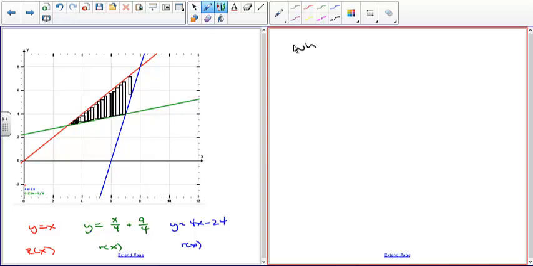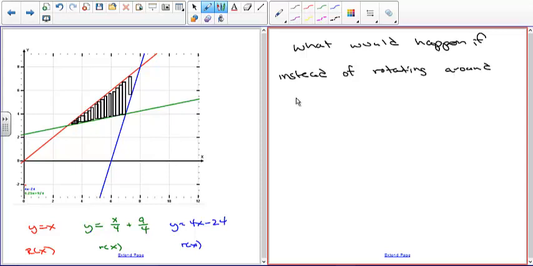What would happen if instead of rotating around the y-axis, I rotated around the line x equals 10?